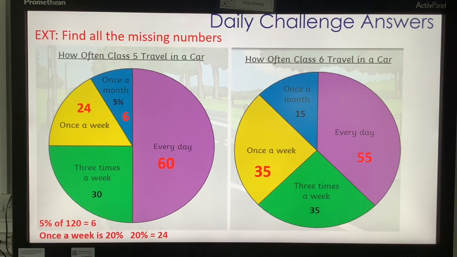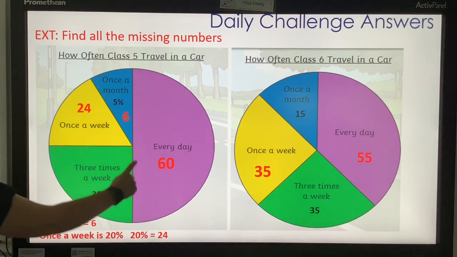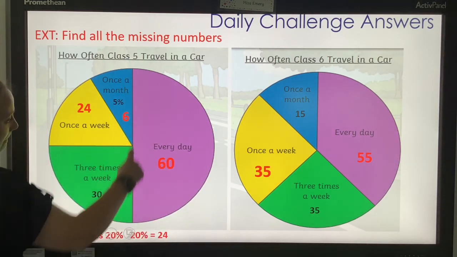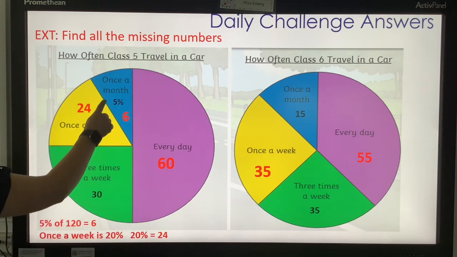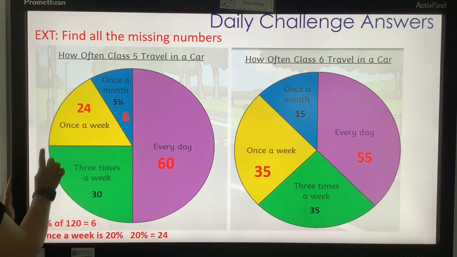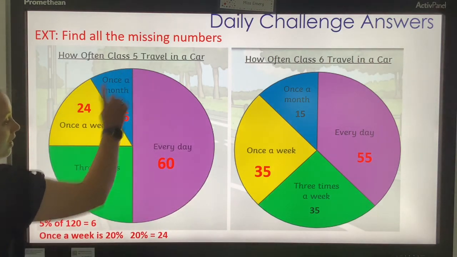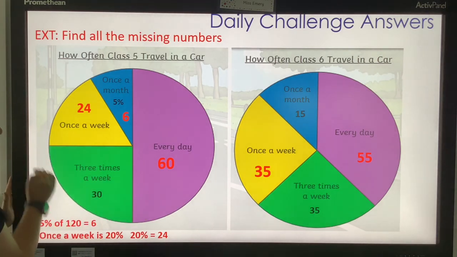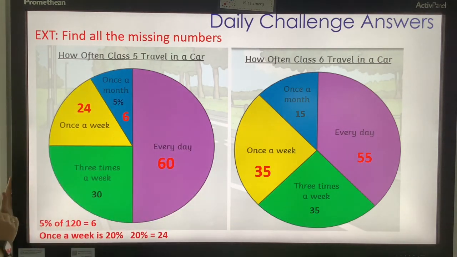Then the extension to find all the missing numbers. Well, if you know that this is 30, you're able to work out that this one was 60. Then I gave you here a percentage, 5%. Now you knew what your total was because you knew your quarter and you did actually work out your 1/2. If 1/2 is 60, then your whole is 120.